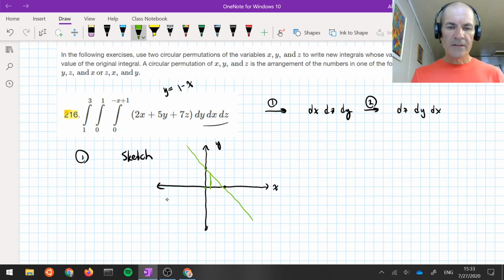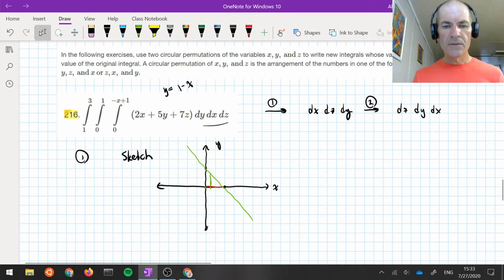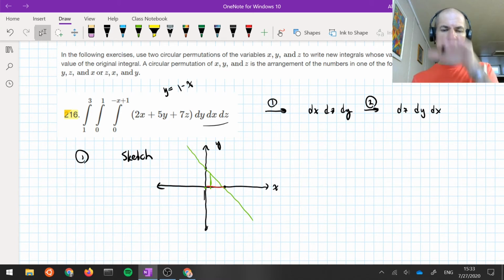All right, what's x doing? X is between 0 and 1. So what we're looking at here is this region inside this triangle. And then finally, what's z doing? Z is going from 1 to 3. So you can imagine sitting up above this region in the xy plane is the horizontal plane z equals 1 and the horizontal plane z equals 3.